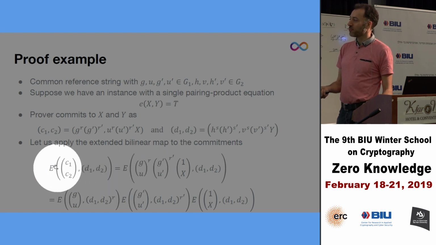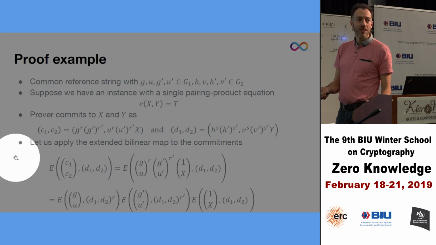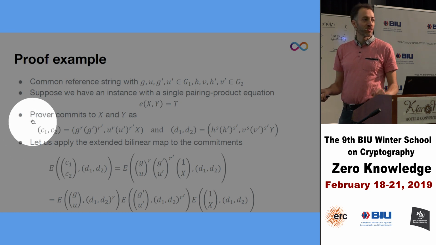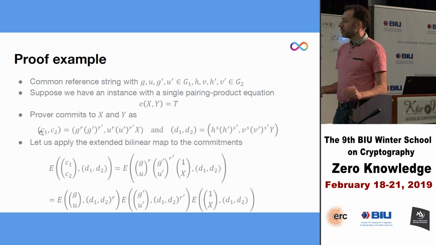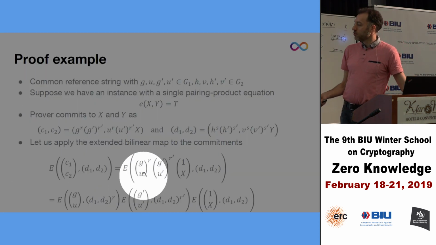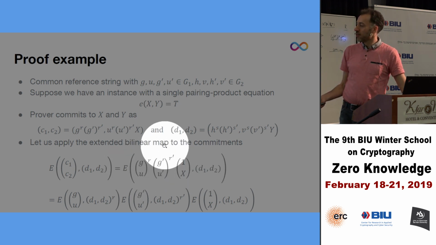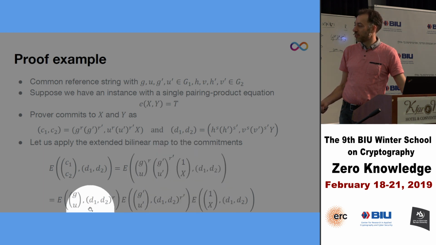We'll still plug them into this equation here with the extended bilinear map and see what happens. Now when we do the math, we are splitting it into different components. Now 3 components: one is GU, one is G prime U prime, and then the 1x part. So we'll get 3 matrices like this.